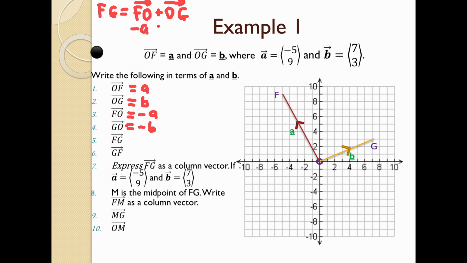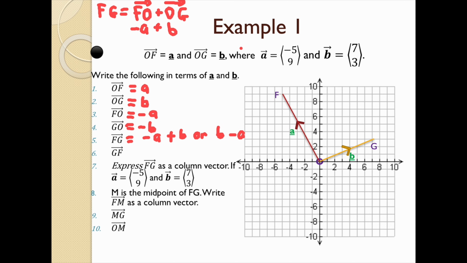B. So minus A plus B, because OG is B. So here is equal to minus A plus B. We could also write it the other way around, like B, then minus A, so it looks like this. Either one would be correct.